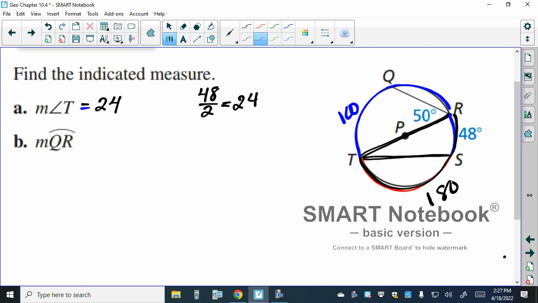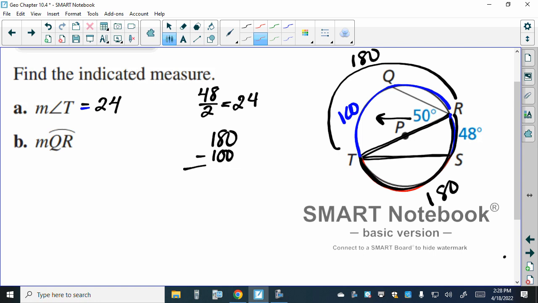T, R is the diameter, yes? So we know that this is 180. Well, technically, what is this? 180. Because we multiplied it by 2 to get to 100, and because this is half, we can do 180 minus 100, which gives us 80. So again, it's just using these formulas to find the different parts.